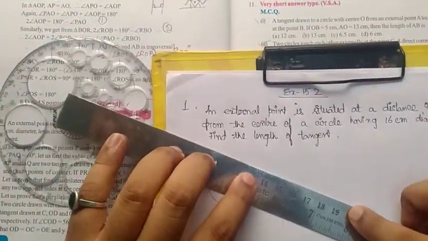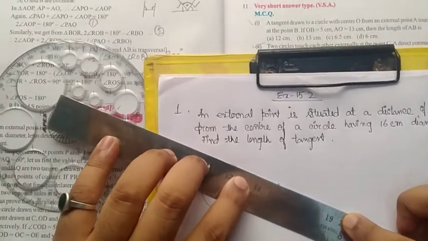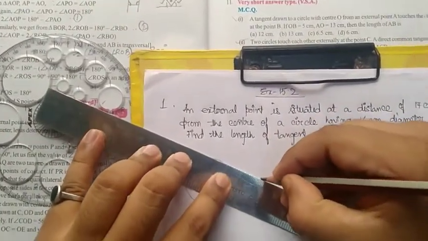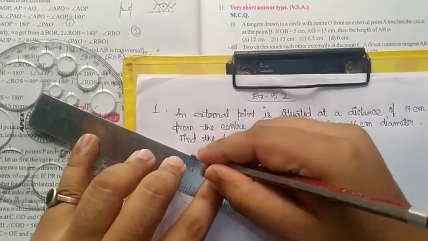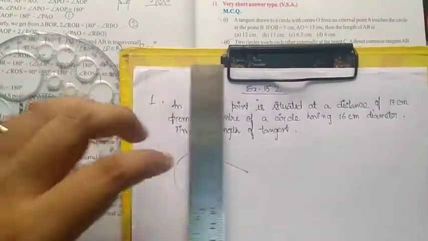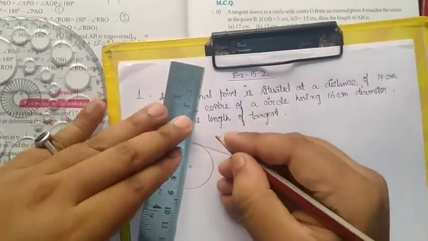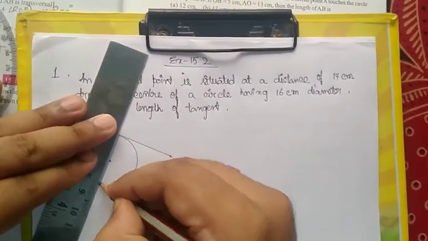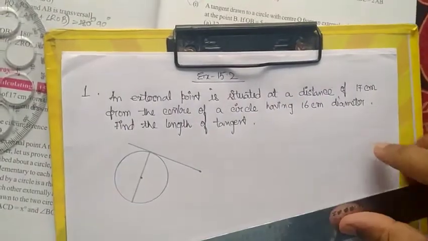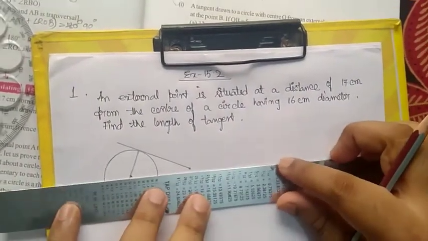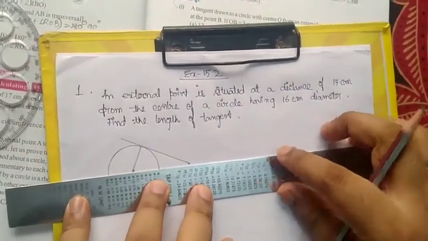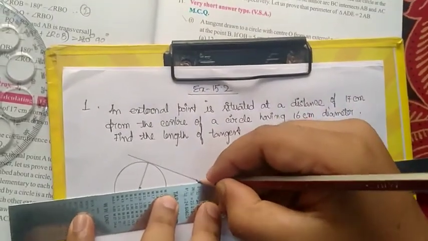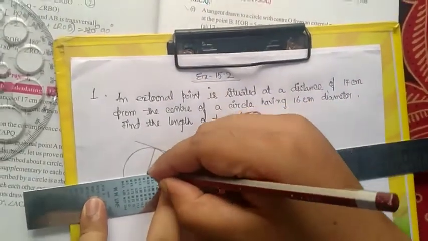First of all, we have to draw a tangent which touches the circle, and we have to draw a diameter, this one, and we have to join the center to the external point.